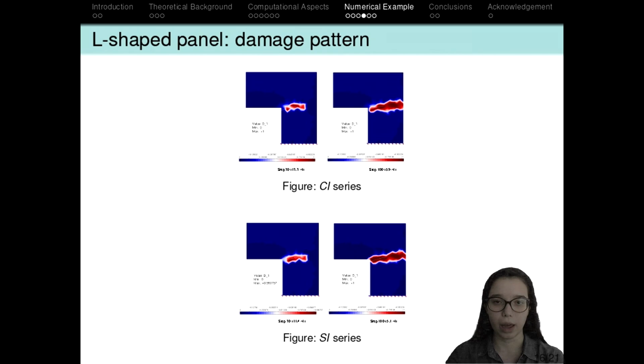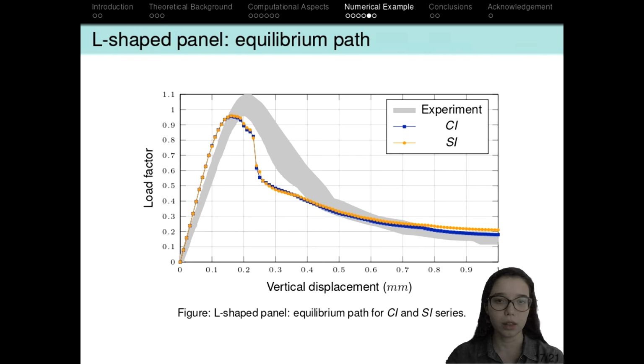So this is the damage pattern that was obtained in the simulation, and we can notice that for the SI series, the damage pattern is better represented, and it's closer to the experimental results obtained by Winkler on this panel as well. These are the equilibrium paths for both series, and we can see a great agreement between the curves, and also that they have a lower peak than the experimental results.